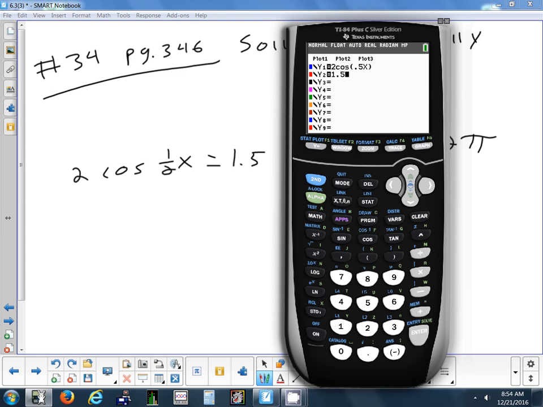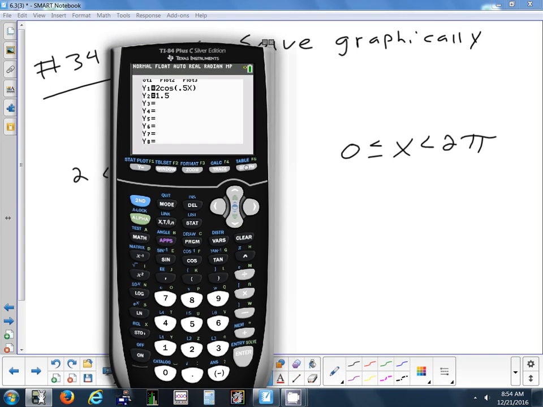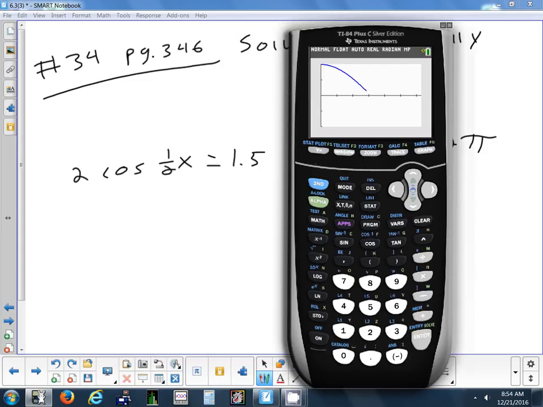But in this case, we will reach it. It's the same window, 0 to 2 pi, so I don't need to adjust anything. But this time, the second solution is off the screen. It's in the negative part of the y-axis. So we're only going to get one solution.